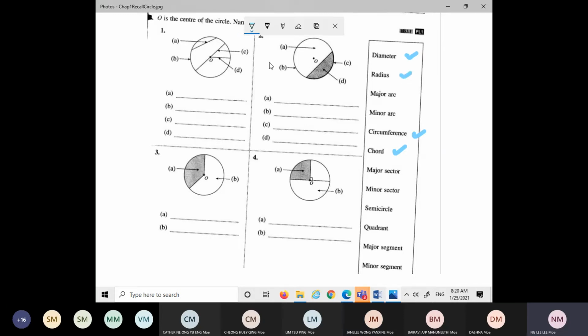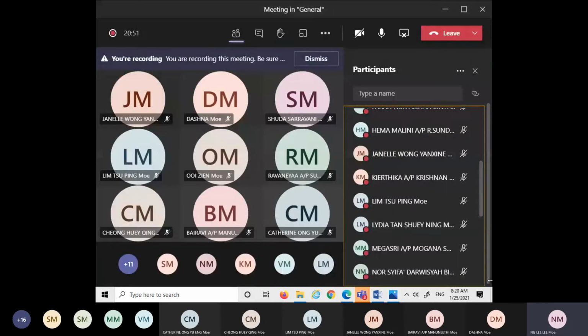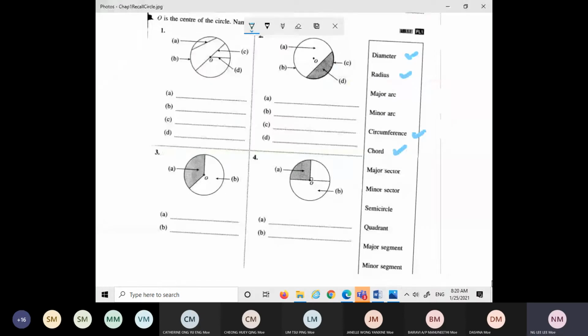Okay, now we come to number 2A. Okay, get ready. Who is the next one? Okay, critical. 2A. A is this area, the bigger one. Quadrant. Quadrant means one quarter.